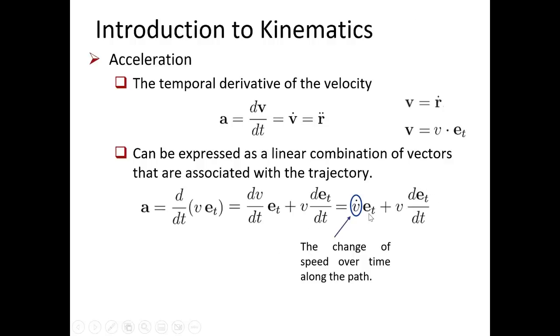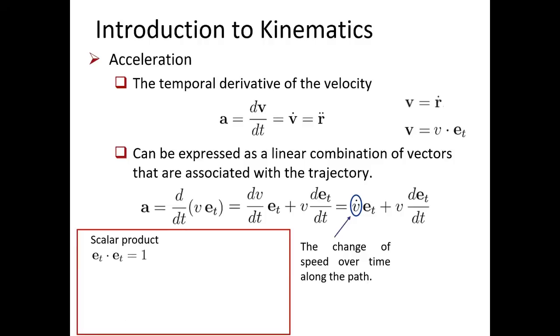Now, if you look at et and det over dt, there are two vectors. We don't know exactly whether this is a unit vector or not. We'll see the magnitude of this one shortly. One straightforward thing you can do is take the scalar product of et with et, which is 1 because they are unit vectors.